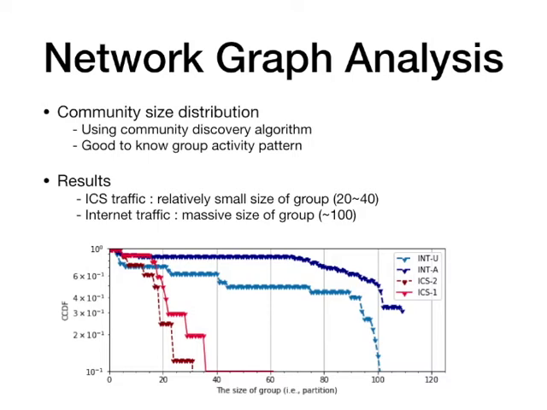I think their network is clustered by each of the operations, and this may result in a very similar size of each community. And when we look at the internet traffic, we can see many massive groups, such as size 100. I think these clusters are from very famous websites such as Google or Facebook.